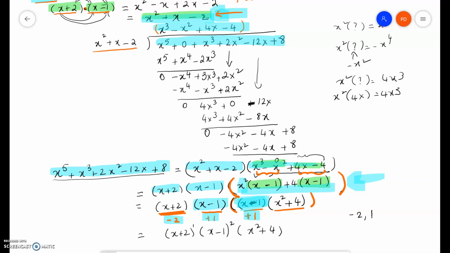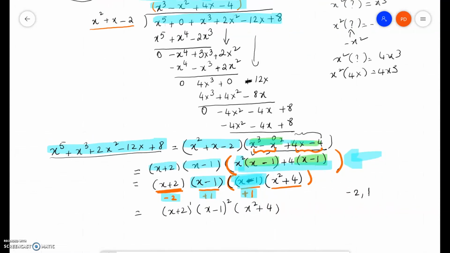Now let's look at the last factor, x squared plus 4. If I equate it to 0, then I get x squared equals negative 4, which gives me x equals plus or minus radical negative 4, which gives me x equals plus or minus 2i.